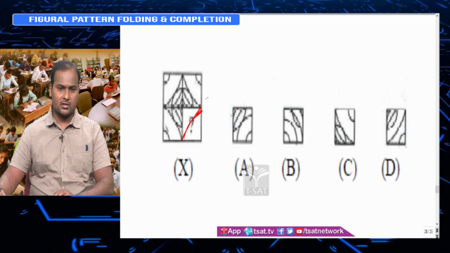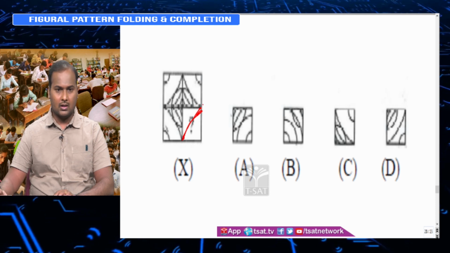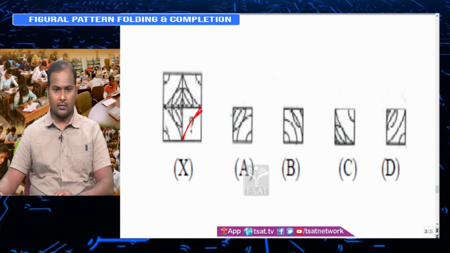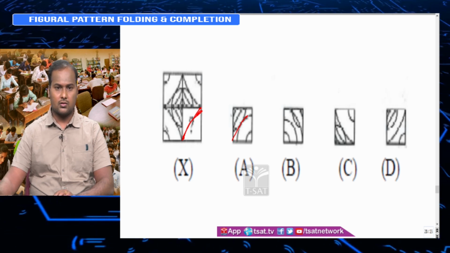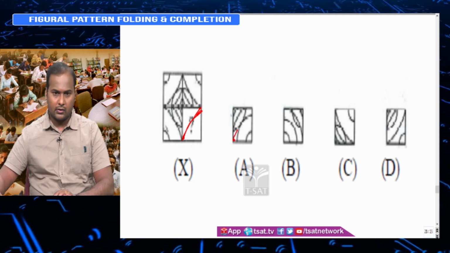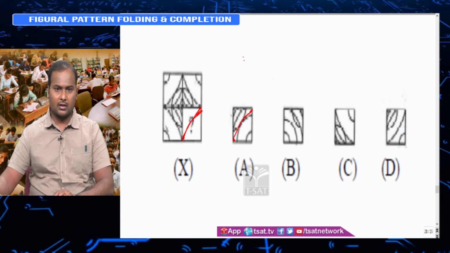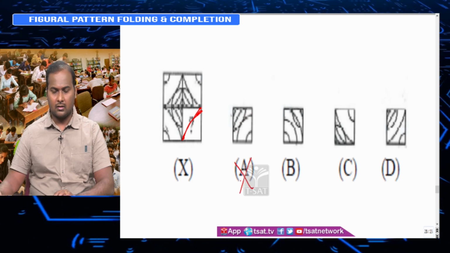So what is the elimination? First elimination here, one line should be drawn from one point to the next point. You see option A, from here to here there is no line. It is starting somewhere from here, right? So in case of option A, if the line is from this point to this point, then that will be correct. But in option A it is not there. So obviously option A becomes wrong.